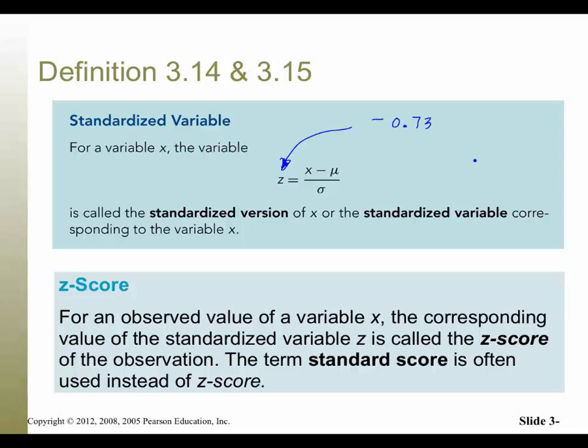So it's like if you have two distributions with a different mean and standard deviation, and you have one observation from one and one observation from the other, it's like trying to compare apples and oranges, right? But if you make both those observations Z-scores, then you're comparing apples to apples. How many standard deviations away from their respective mean are they?